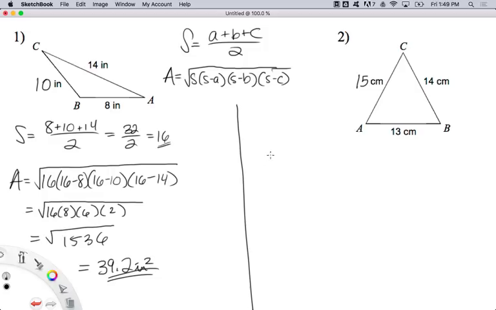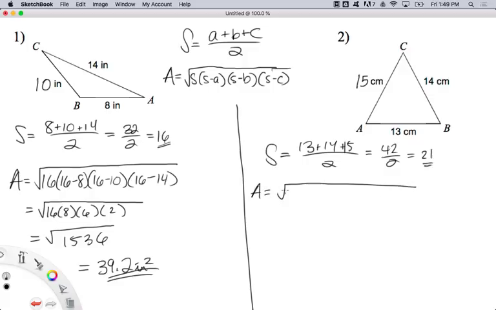Okay, first step, you find S. S equals 13 plus 14 plus 15 over 2. 13 plus 14 is 27, plus 15 is 42, over 2 is 21. Once I've got that, I plug it into my area formula, which is 21 times 21 minus 13 times 21 minus 14 times 21 minus 15.